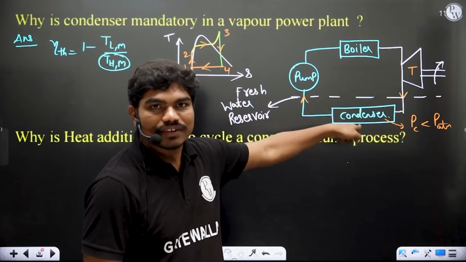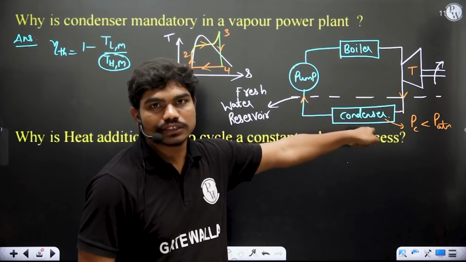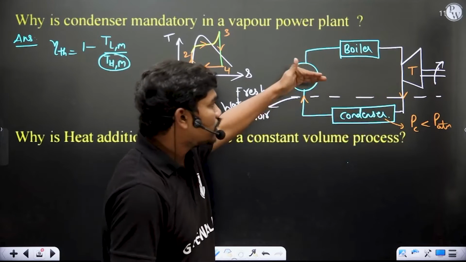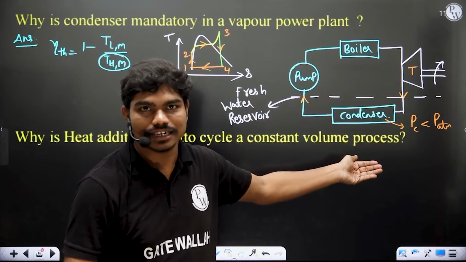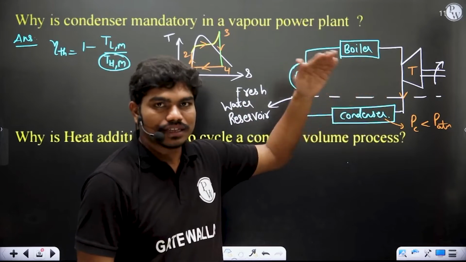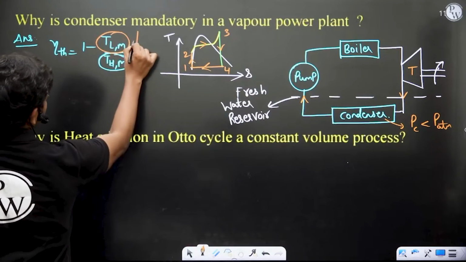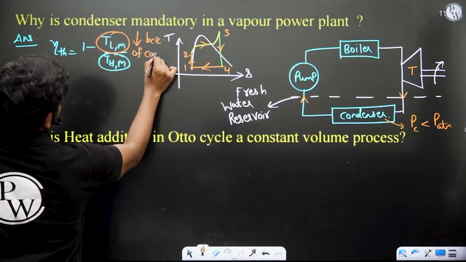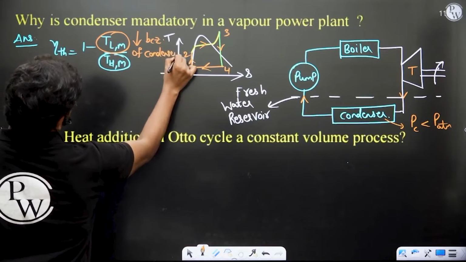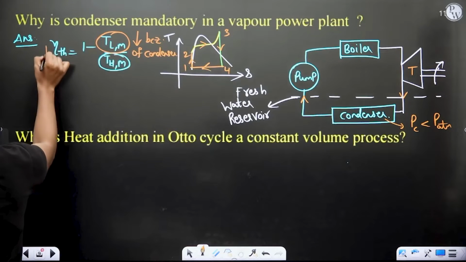If you are doing a phase change at a low pressure, the temperature of the condenser is also low compared to the normal atmospheric phase change temperature. Normally at atmospheric conditions, phase change happens at 100 degrees Celsius, but if you use a condenser, it happens at a lower temperature, and this TLM decreases because of the condenser. Clearly if this decreases, your thermal efficiency will increase.